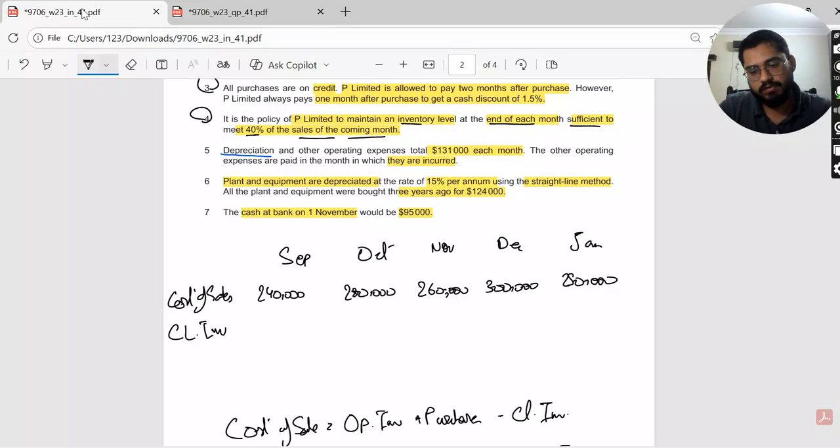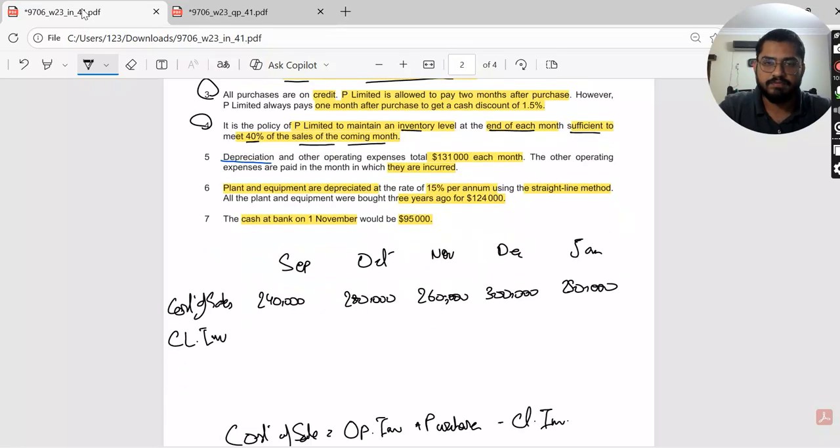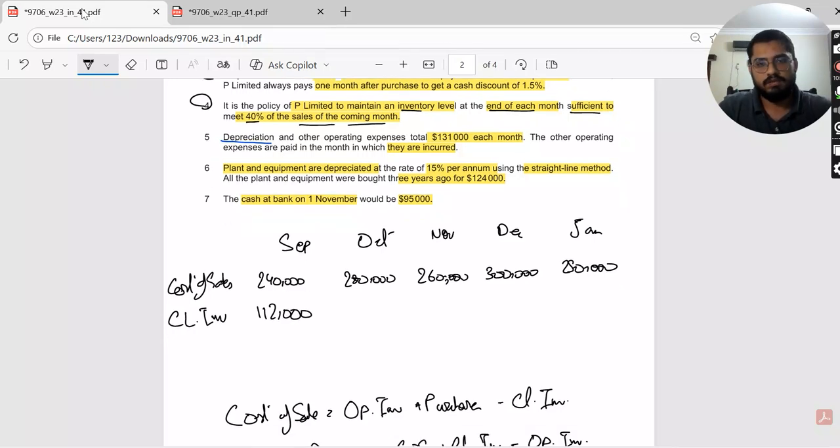so for the month of October we should have 40% of 280,000, which is 112,000. Then 260,000 into 0.4, this is 104,000.